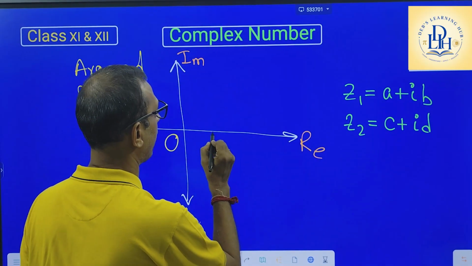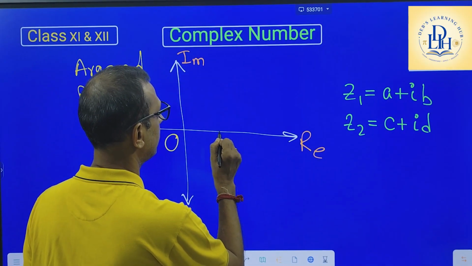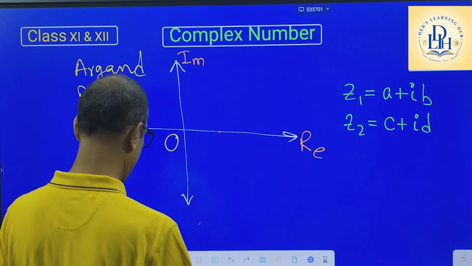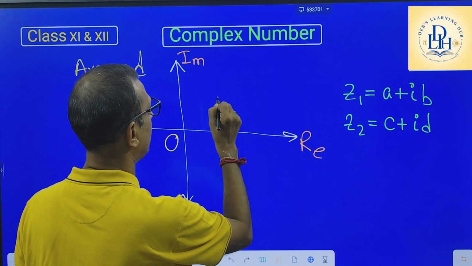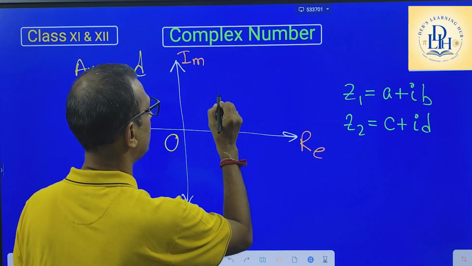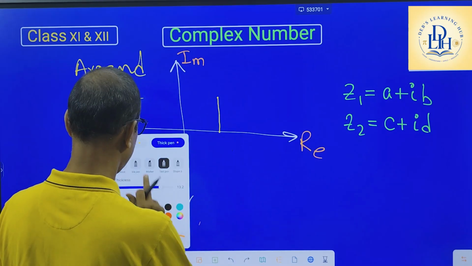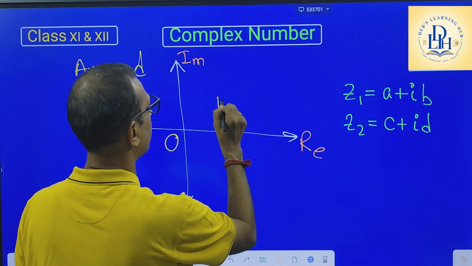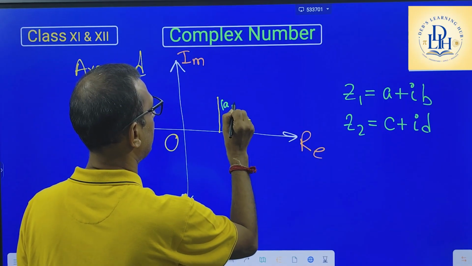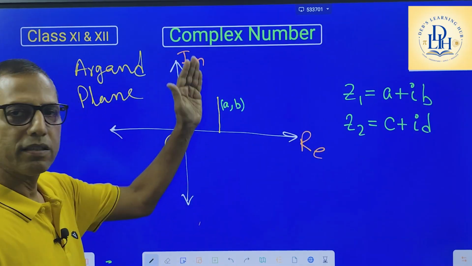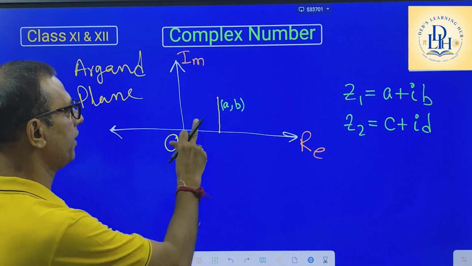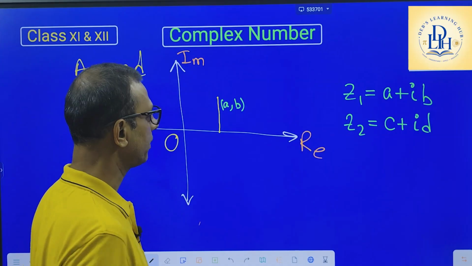That means along the real axis it is a, and along the imaginary axis it is b. So this point is actually (a, b). Just consider the distance, forget about the imaginary part.